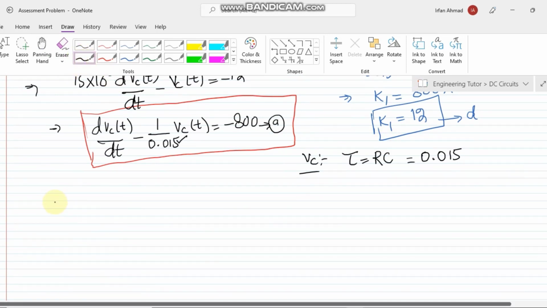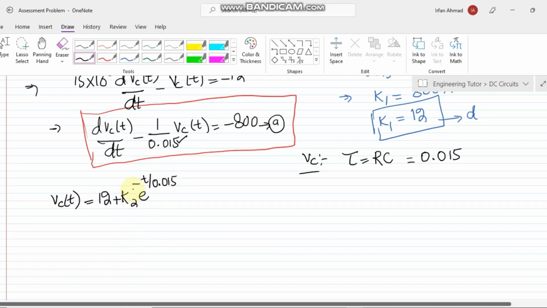So writing our values in equation C, what I will have, that is k1 is 12, and similarly the value of k2 and exponential of minus t over 0.015.